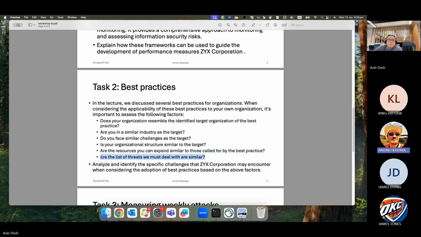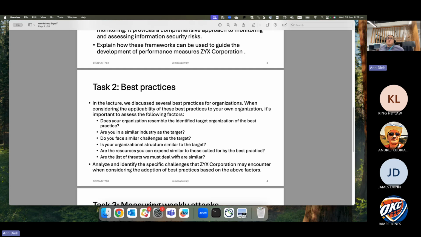I think that even two branches of the same company doing similar things, if they are located at different locations, will be subjected to different threats too. So it means it's really hard to have two companies with a similar threat profile, very similar structure or similar challenges. So that's good.